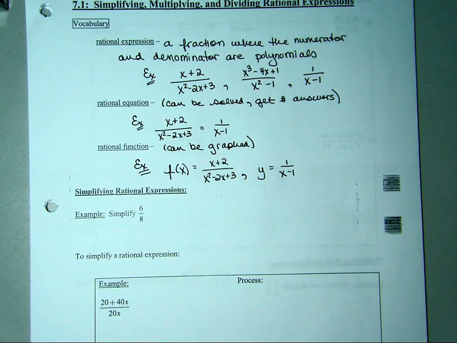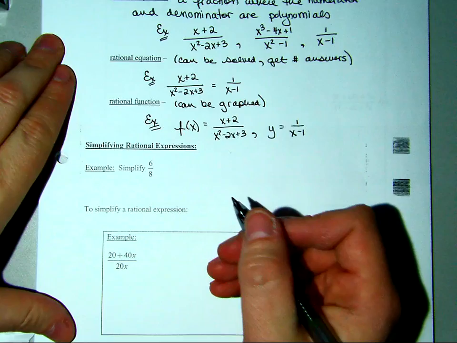First example. First we have to talk about simplifying these things, and I want to look at the fraction 6/8. Obviously you know it's 3/4, but why can we simplify that to 3/4? Divide by 2. The idea is, if I ask you to simplify 6/8, well, 6 is really 3 times 2, and 8 is really 4 times 2.